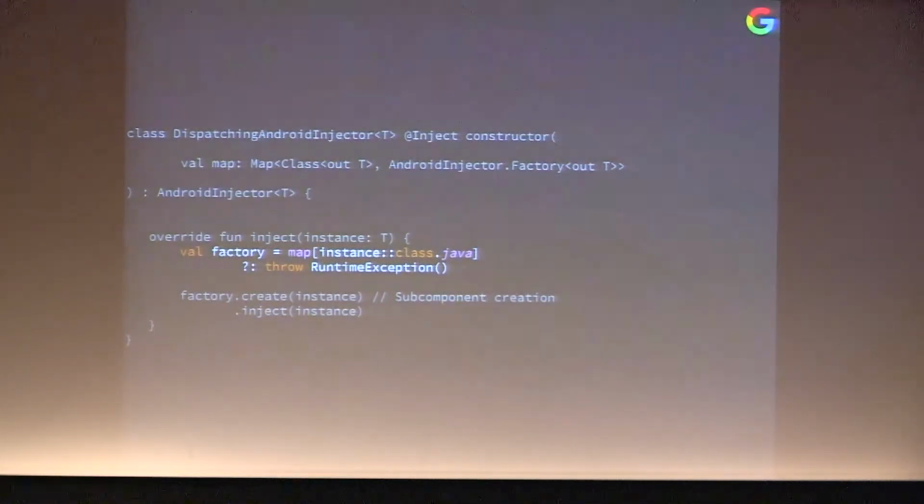This line is very, very important because it's the reason why, when you declare your subcomponent, you actually have to use the actual type of your activity and not a supertype. This is because here we are accessing the class on the instance. So if you're using a supertype, you will find nothing in the map. And as you can see here, it will throw a runtime exception. So be careful.